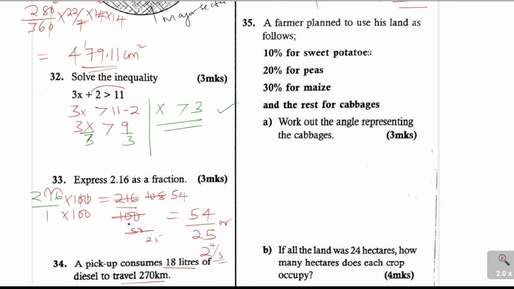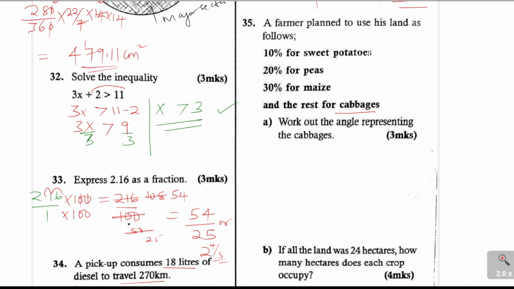Now, to get the angle representing the cabbages, remember in a pie chart, total angles should be 360. Total angles in a circle, angles at a point, should be 360. You're required to work out the angle representing the cabbages.